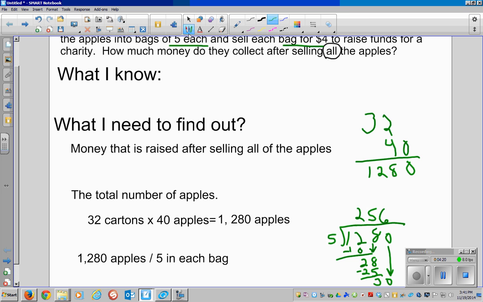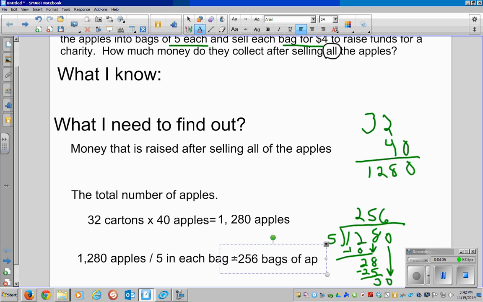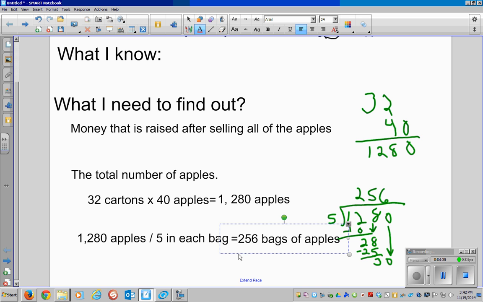I like that. So let's go back here and add that. If I have 1,280 apples and I divide them up, putting 5 in a bag, I'm going to get 256 bags of apples, right? So I've got 256 bags to work with. Now, what is it that I need to do now?